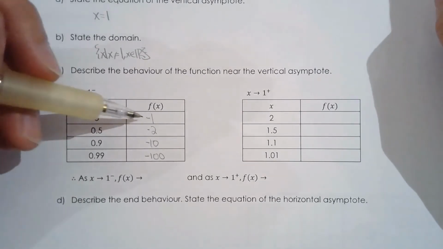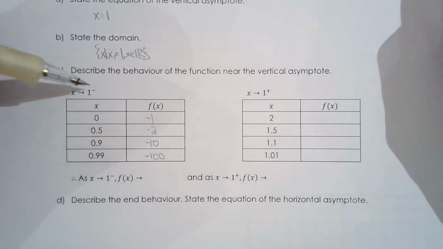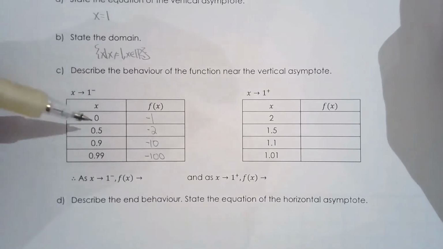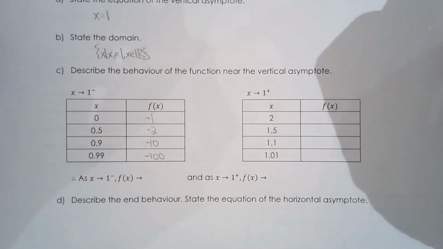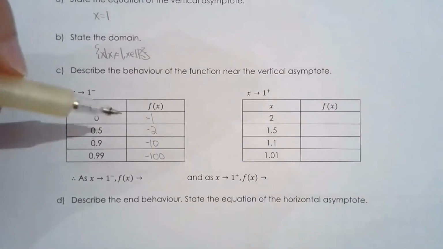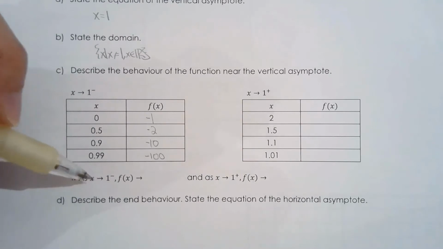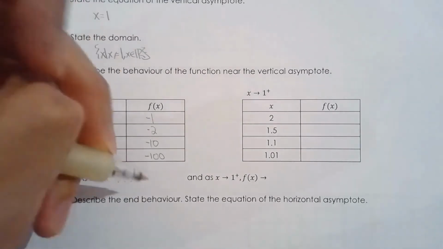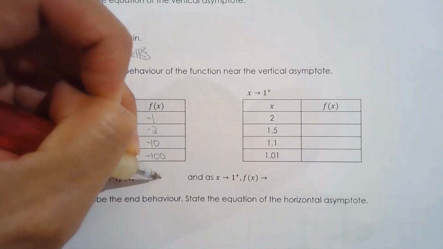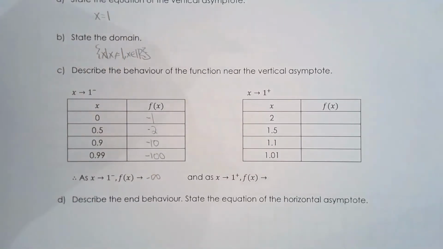So hopefully you can see as you approach 1 from the left side, and you can get ever so close, and that's a very hard word to define in math, close, but hopefully you see a pattern. As you approach 1 from the left, the pattern says that the function will go towards negative infinity. Remember, there are two options.